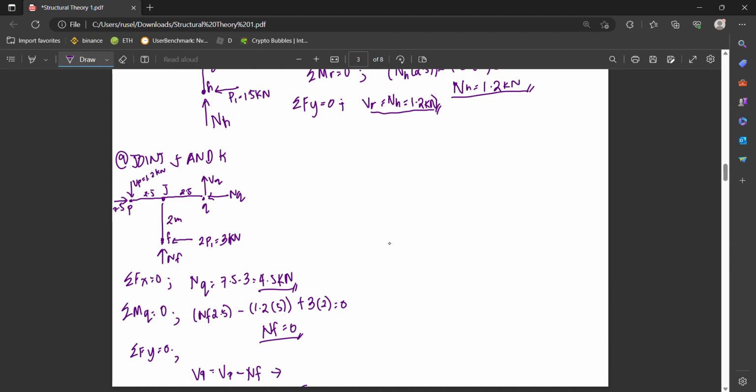So your NF is 0, this is 1.2. Your VQ here is equal to 1.2 kilonewton. Yan.